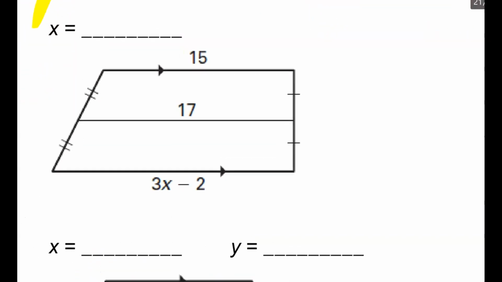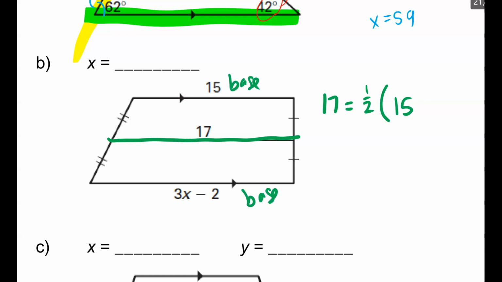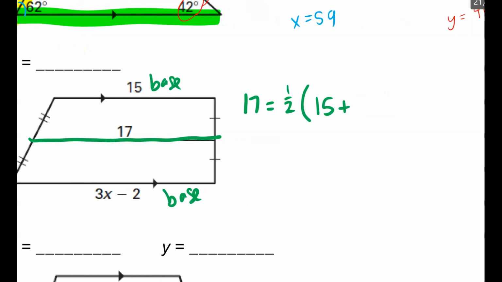All right, let's give this one a shot. It looks like we are dealing with a mid-segment. So I know that the mid-segment, 17, is just half of the sum of my bases. So this is a base, this is a base. 15 plus 3x minus 2 together, divided by 2, should equal 17. So let's multiply both sides by 2.